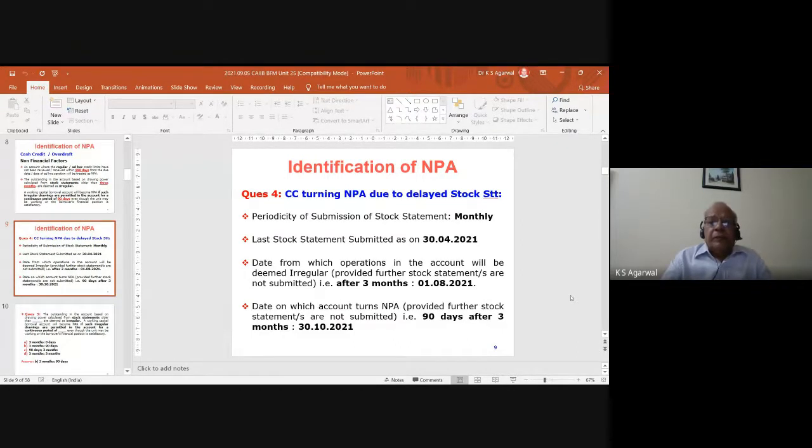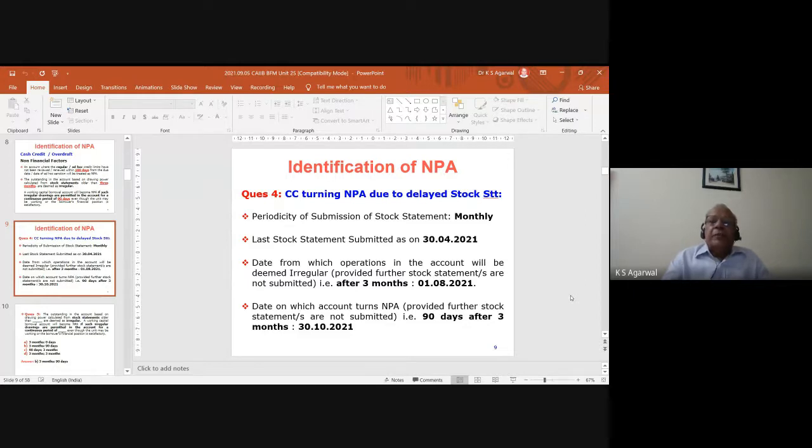Drawing power is calculated. And when on the basis of this stock statement we allow operations in May, June and July, these operations will be regular operations. No problem. But after 3 months, that is from 1st August 2021, the operations will be deemed irregular.